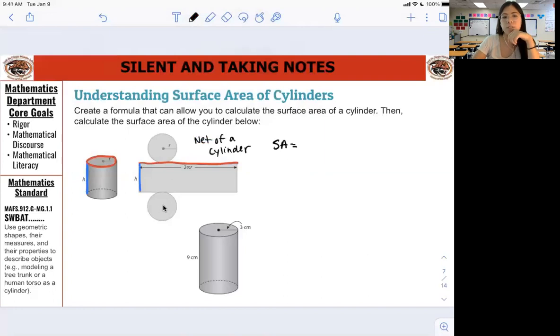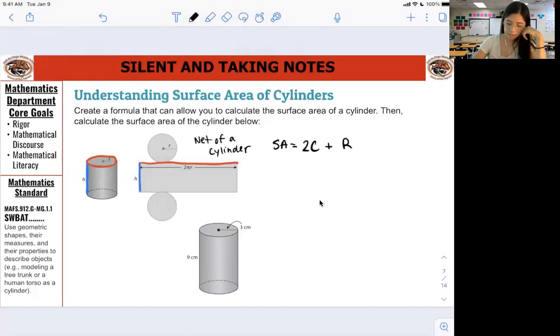Now, are these two circles the same or different? They're the same. Okay. So I have two circles and one rectangle.